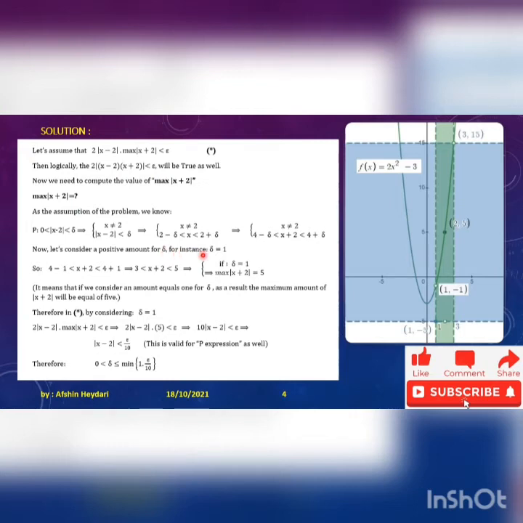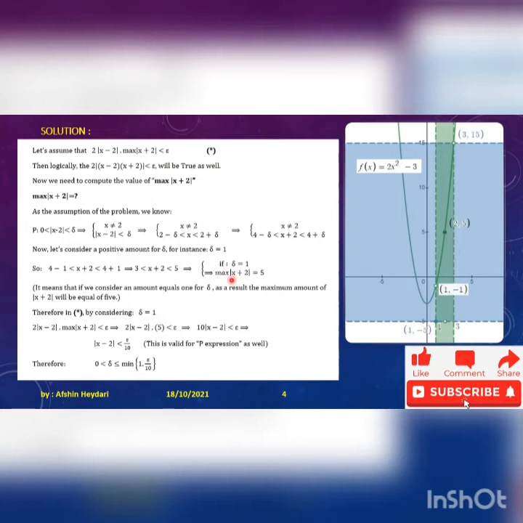Now let's consider a positive amount for delta. For instance, we consider 1 for delta. Delta equals 1. So here we plug in this amount for delta, and we have this. X plus 2 is between 3 and 5.